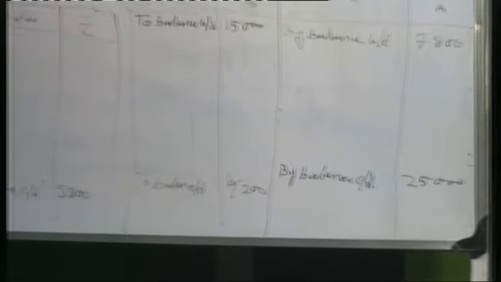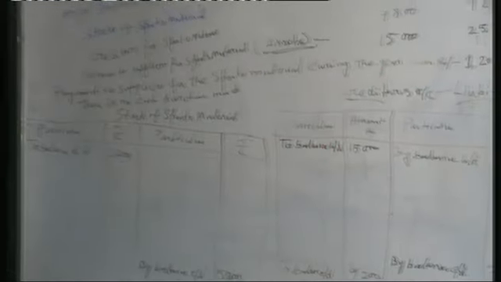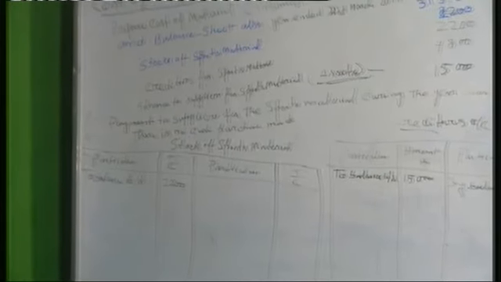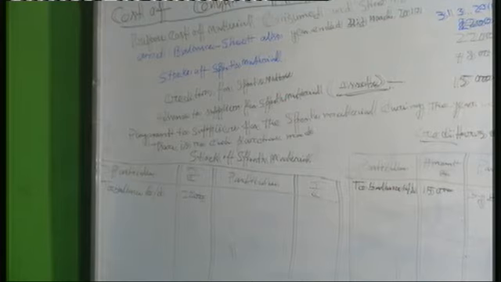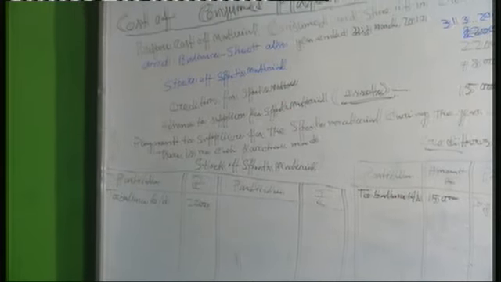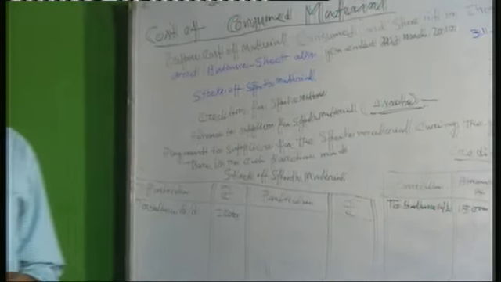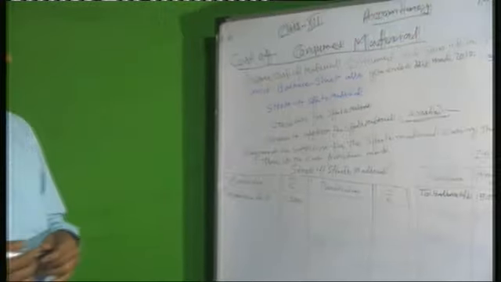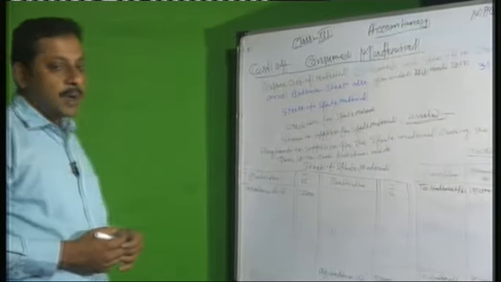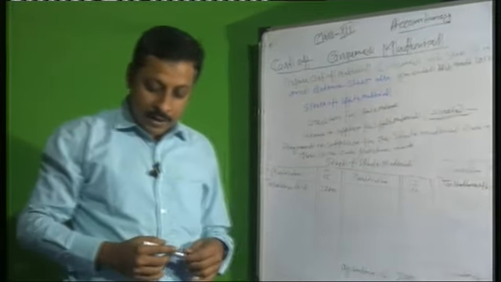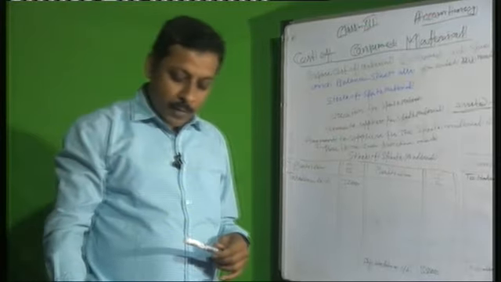Have you understood what advance to supplier for raw material is? This is an asset for you. Though this is a supplier, a creditor, you have made a payment in advance, so anytime you can ask for the money back.